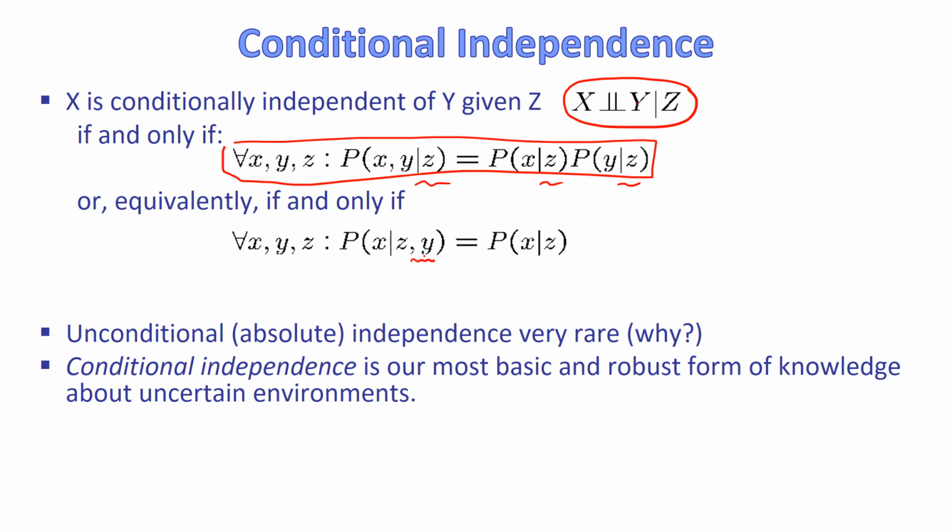Because many things in our life are conditionally independent, given something else. So that will not be as strong an assumption as absolute independence. Absolute independence will be rare, but conditional independence is the thing that we will use in so many cases.